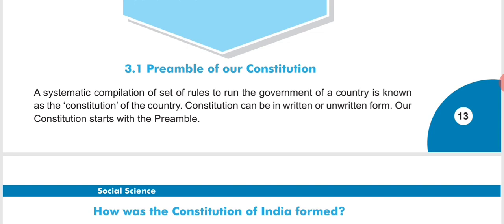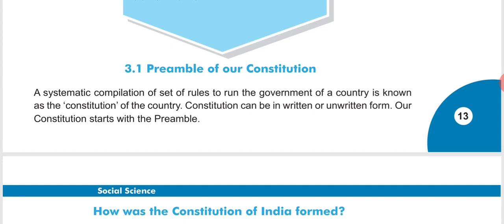And ideals means the standards or the principles which are aimed at. So we can say that our constitution, the constitution of India, shows us the characteristic spirit of our culture, right?